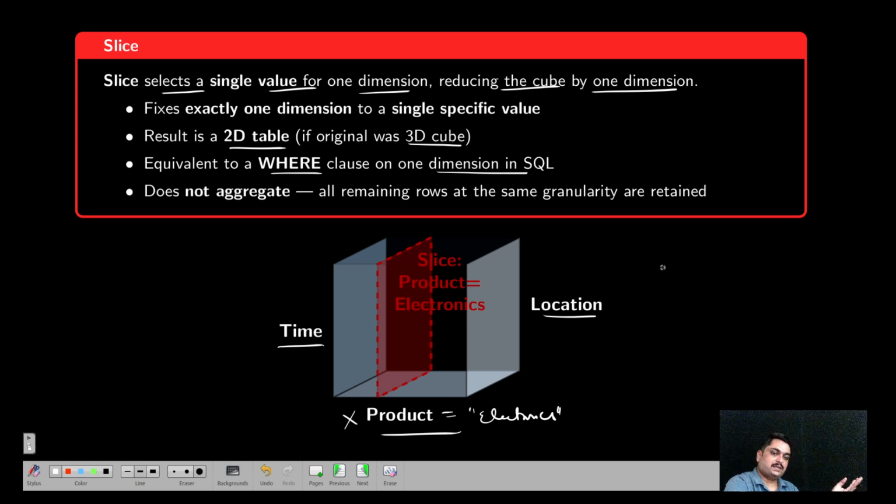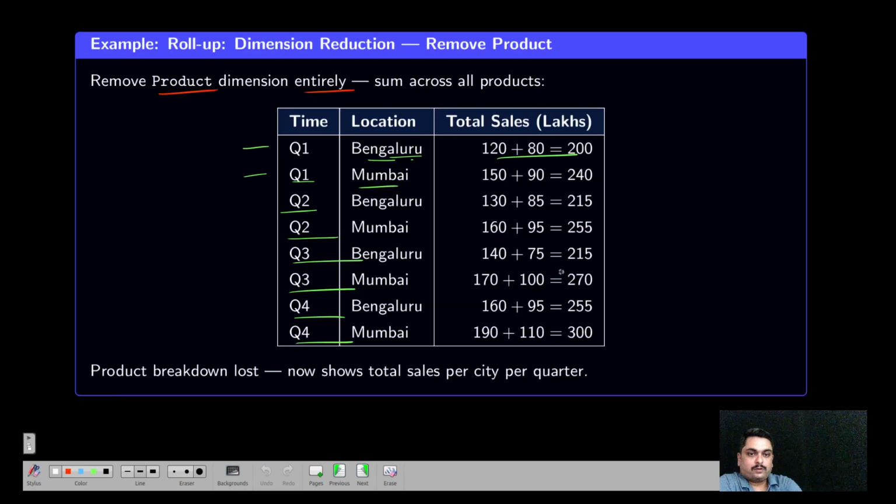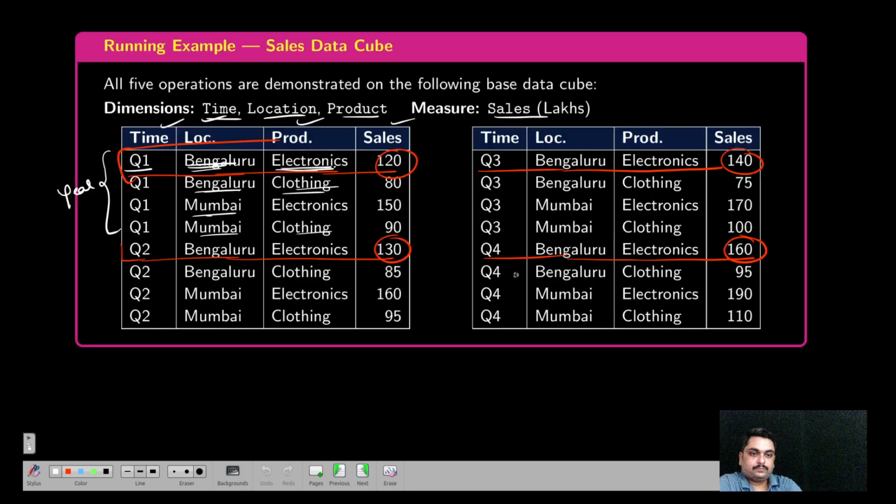Slice means you are slicing, or fixing, a dimension. So in the previous example, we just fixed product equal to electronics. If you go back to the original data, wherever it is electronics, only those rows will be selected. I will not have the product column at all.